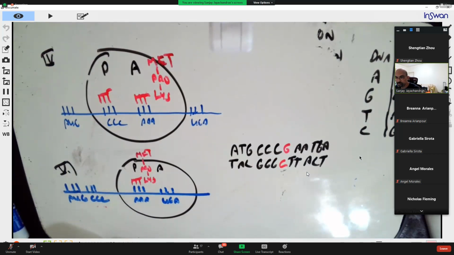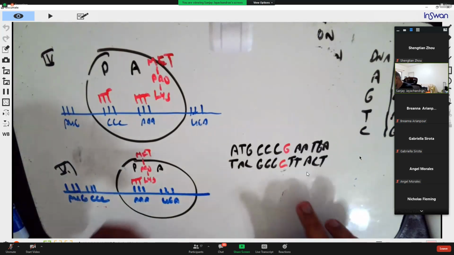Guys, are you there? I think it would make a difference. Okay, yeah, it might not, because some amino acids have more than one codon, right? But in any case, I changed the DNA sequence. This is called a mutation.